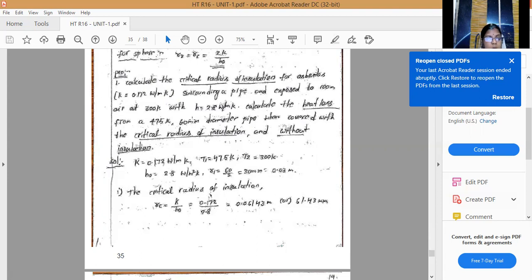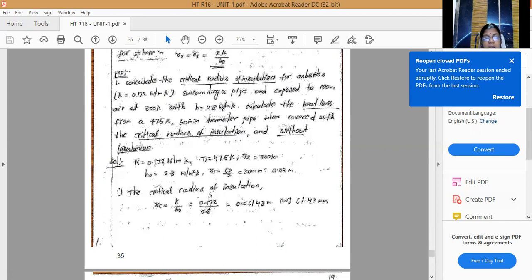First, you have to look at it once. Calculate the critical radius of insulation for asbestos, whose thermal conductivity is 0.172 watt per meter Kelvin, surrounding a pipe and exposed to room air at 300 Kelvin with a heat transfer coefficient of 2.8 watt per meter Kelvin.